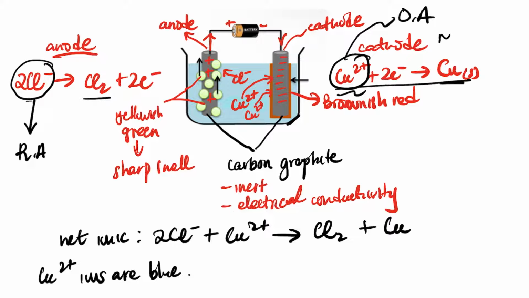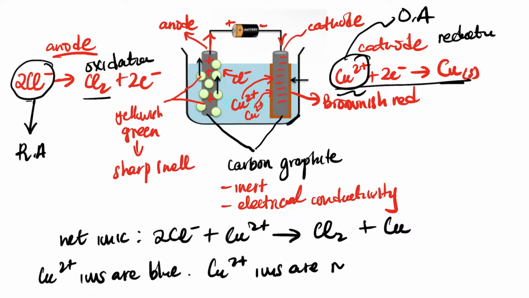There's a reduction that occurs there, and here there's an oxidation that occurs on this side. If the copper ions are reduced, that means they gain electrons.